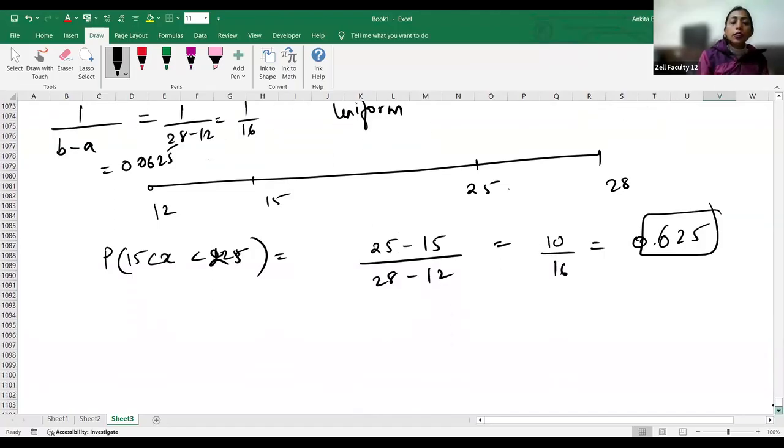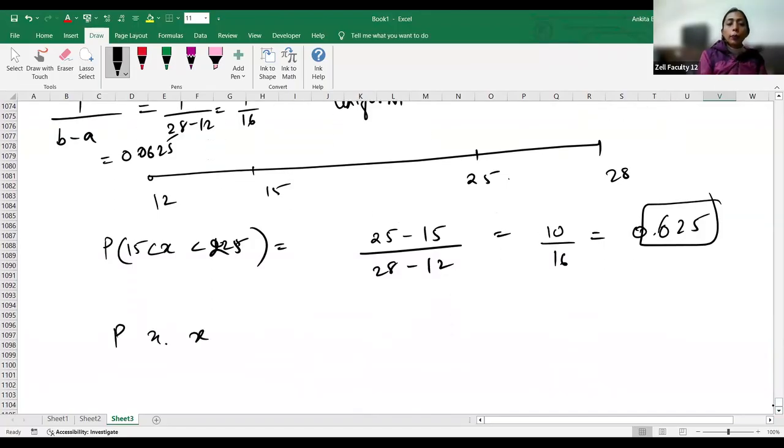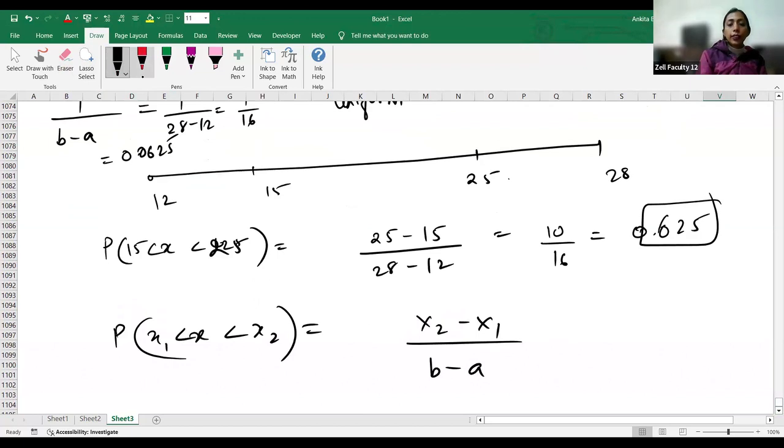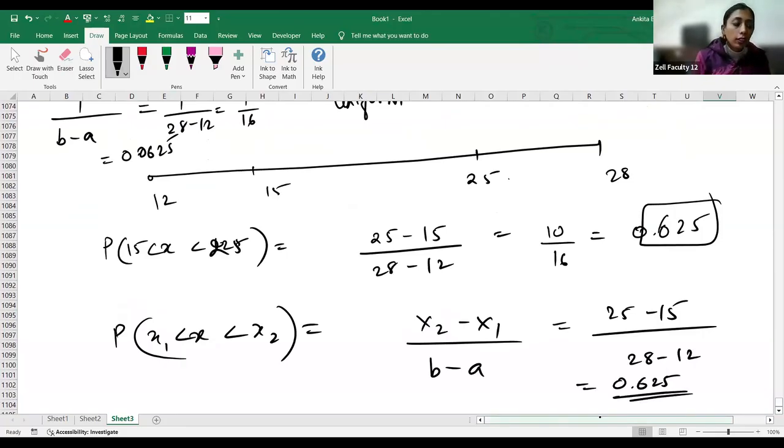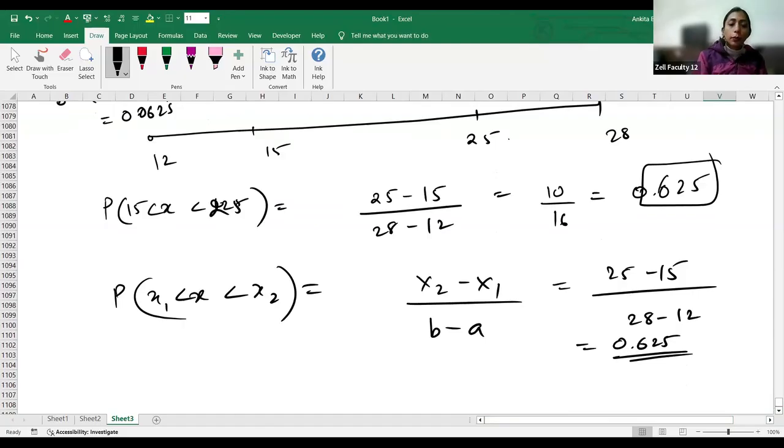You can remember this formula also: the probability of x being between x1 and x2 is x2 minus x1 divided by b minus a. Therefore 25 minus 15 divided by 28 minus 12 gives 0.625. So this is how you can get the probability.